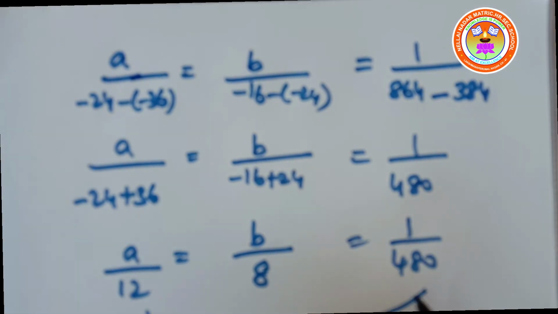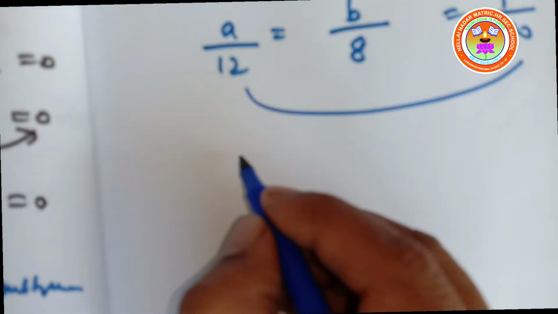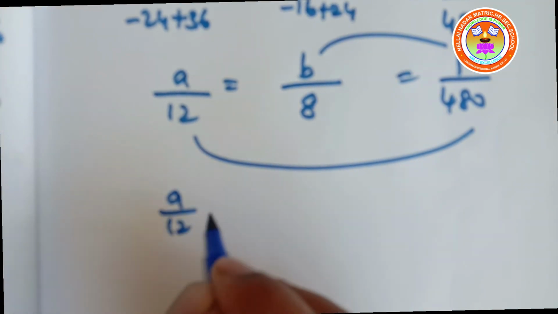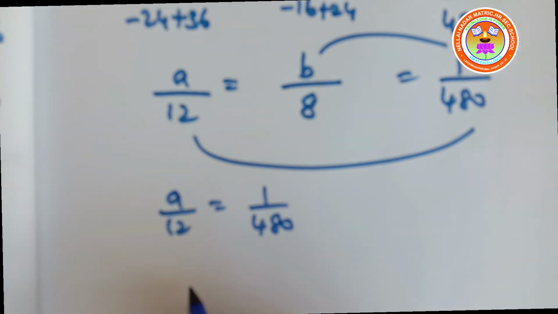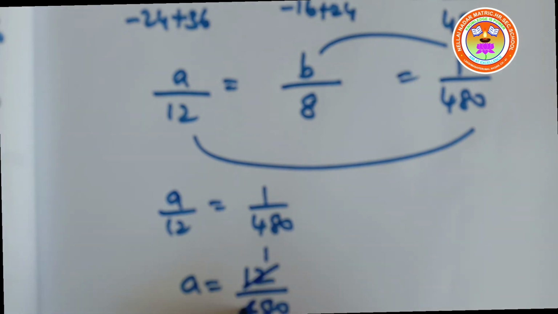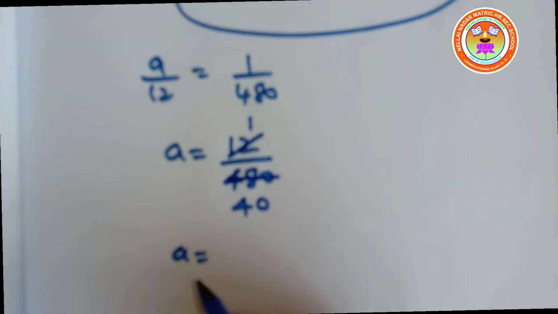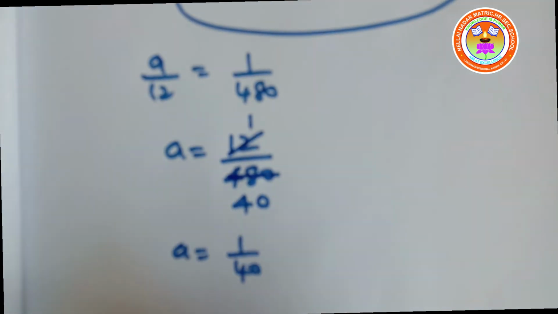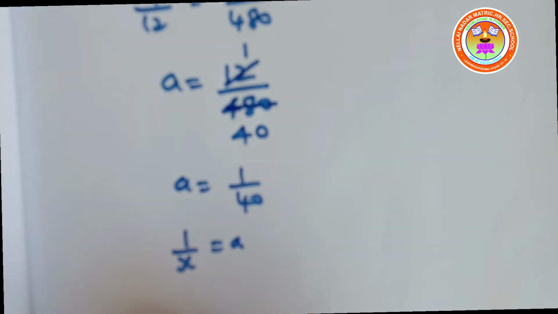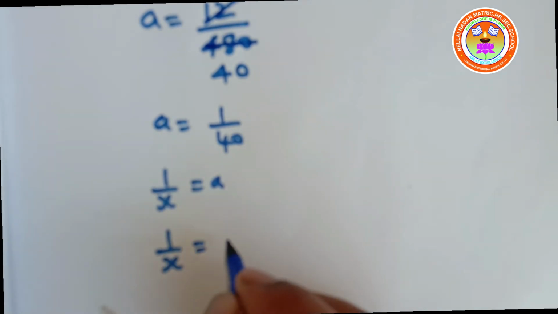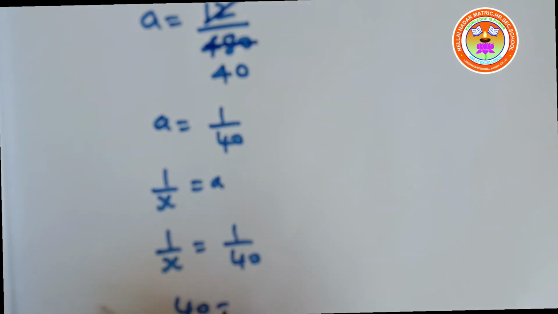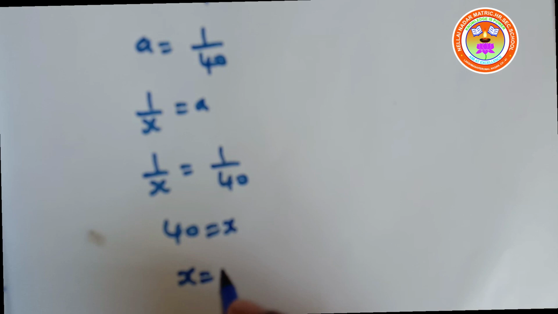Now I'm going to compare a with this and b with this. So a by 12 equal to 1 by 480, a is equal to 12 by 480, so a is equal to 1 by 40. We know that 1 by x is equal to a, so 1 by x is equal to 1 by 40, so x is equal to 40.